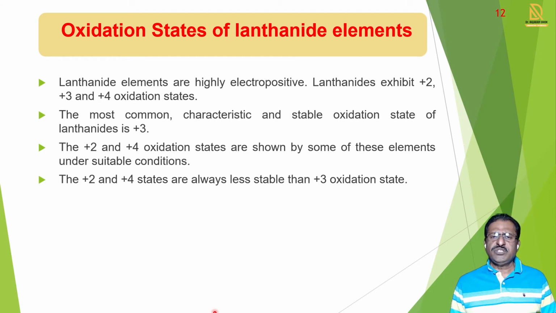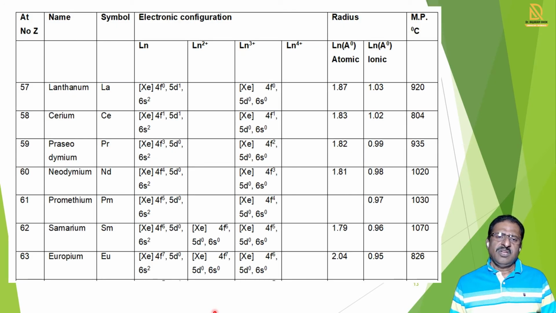So we see which elements show +2 and +4 oxidation states. Again we see the same table, and in that table we see the +2 or +4 oxidation states. Now you see here, La, Ce, Pr, Nd, Pm show only the stable oxidation state +3.